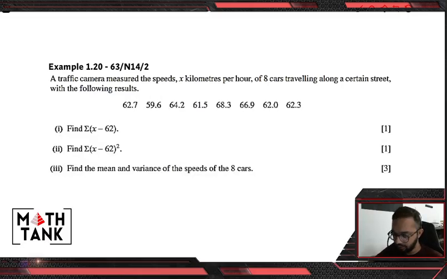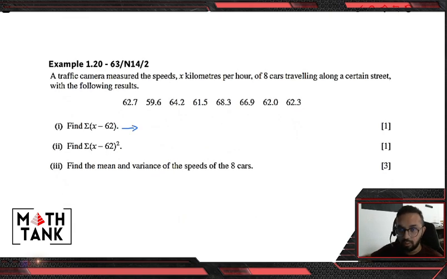So when I'm asking you to calculate the sum of x minus 62, these are the values for x. You can construct a table for x minus 62. What would that table look like? You subtract 62 from each of these values that are given to you. So 62.7 minus 62 leaves me with 0.7.